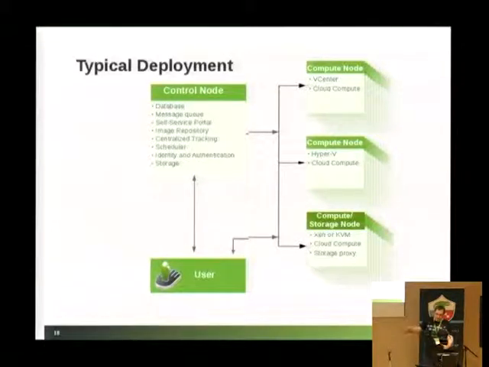To simplify, you have on one side everything which is about how you do things, and on the other side everything which is really the cattle. As you can see on this slide, you can have several hypervisors on the compute nodes. I'll talk a bit more about that later on. So vCenter, Hyper-V, Xen, KVM.